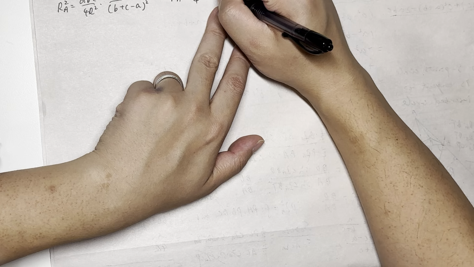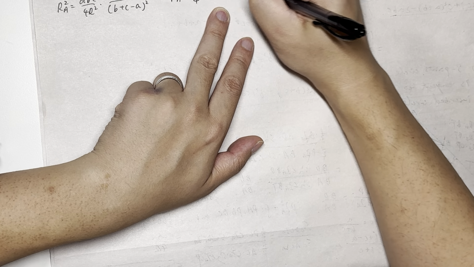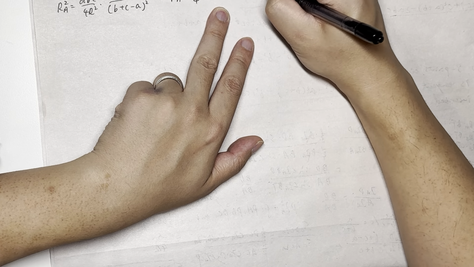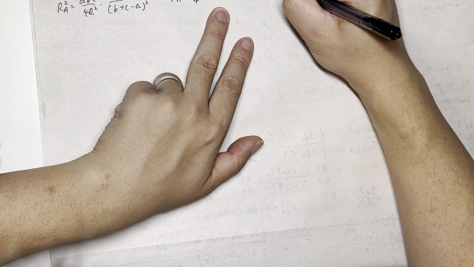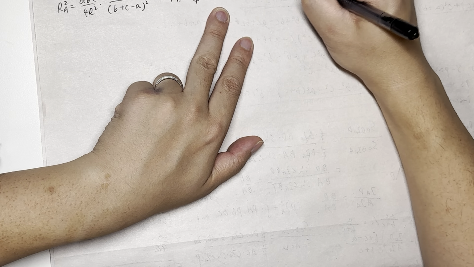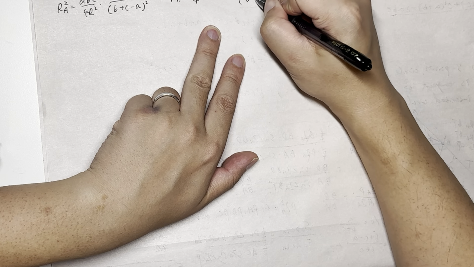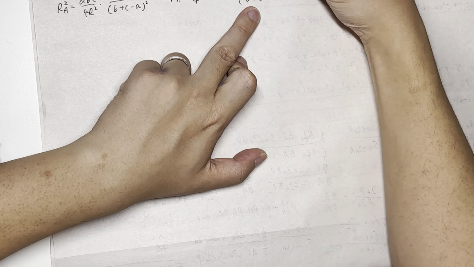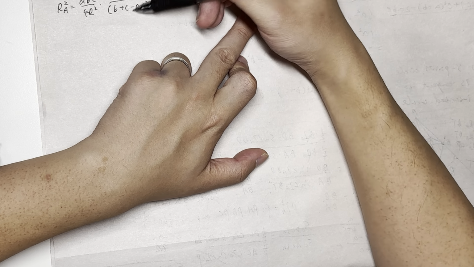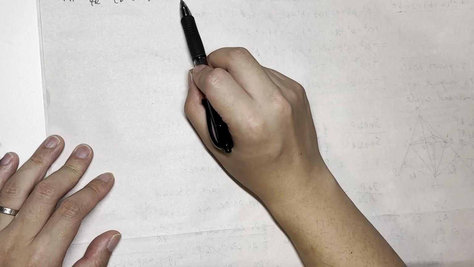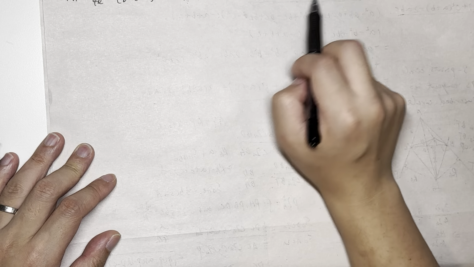So the thing left is A plus B plus C, A plus B minus C, A minus B plus C, right? And divided by B plus C minus A, right? Because one of the B plus C minus A cancels this one. So we got RA squared here.